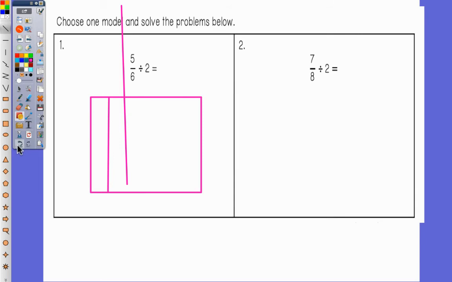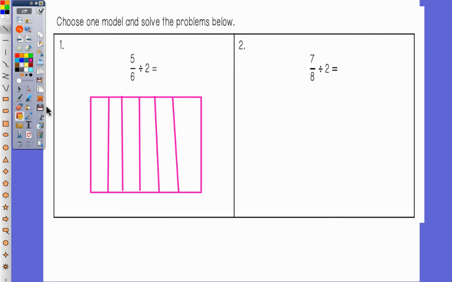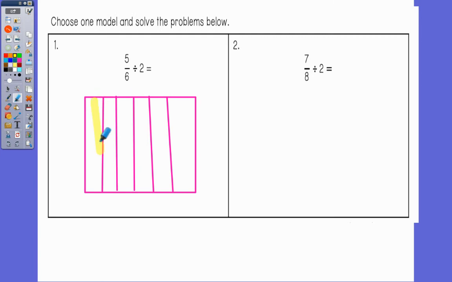And you can tell I'm just having a hard time here manipulating my screen today. I apologize. 2, 3, 4, 5. There's my sixths. We're going to color in 5 of them.